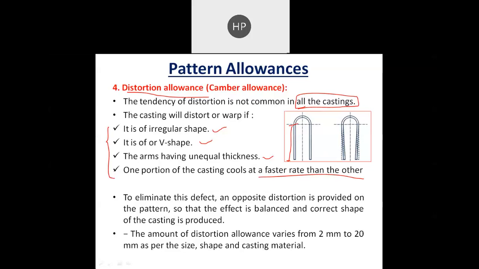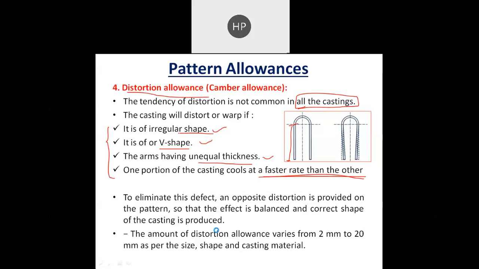Otherwise you will not get it in all casting processes. To eliminate this defect, an opposite direction is provided on the pattern, so that the effect is balanced and the correct shape of the casting is produced.